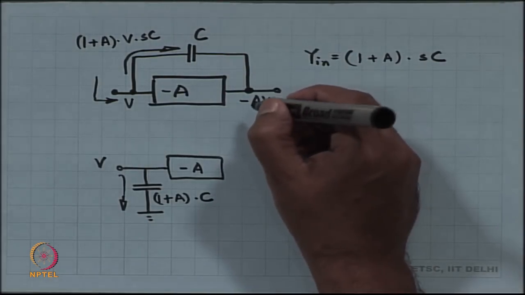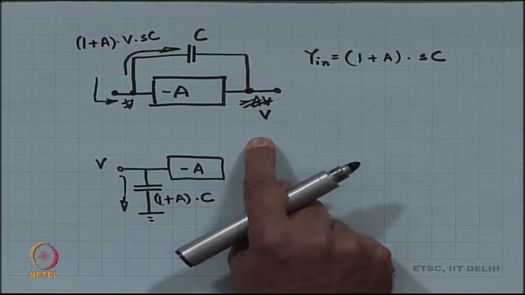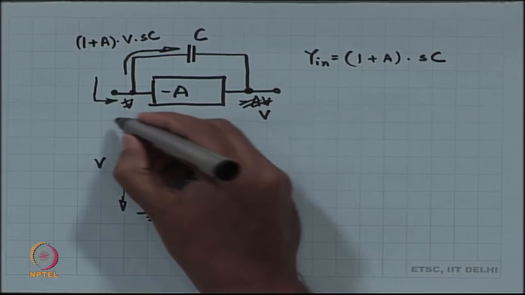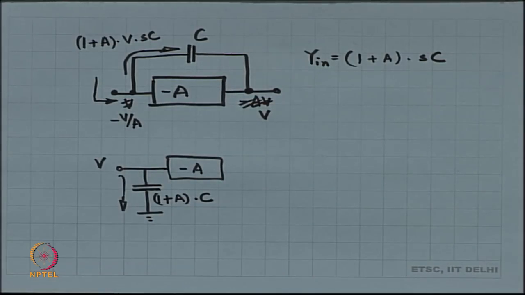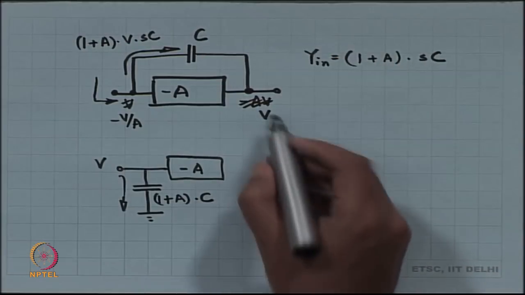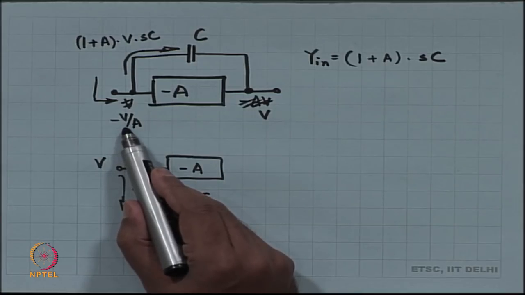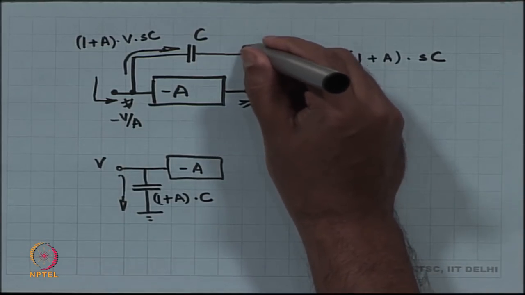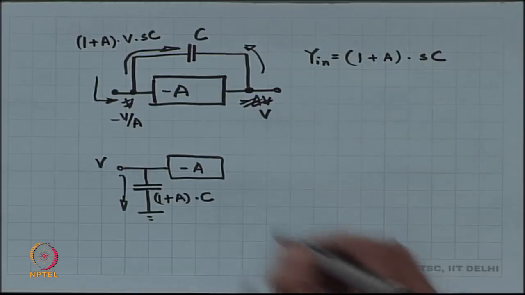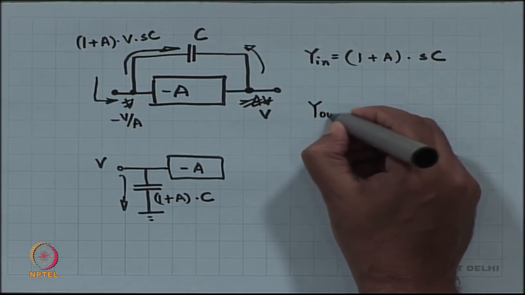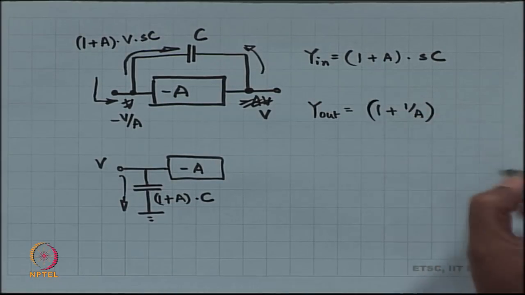Likewise, if you apply V at the output, then obviously the input has got to be minus V divided by A, because this is an amplifier of minus A, which means that now the potential difference is V times 1 plus 1 by A, and that means that the current that goes this way is 1 plus 1 by A times V times SC.